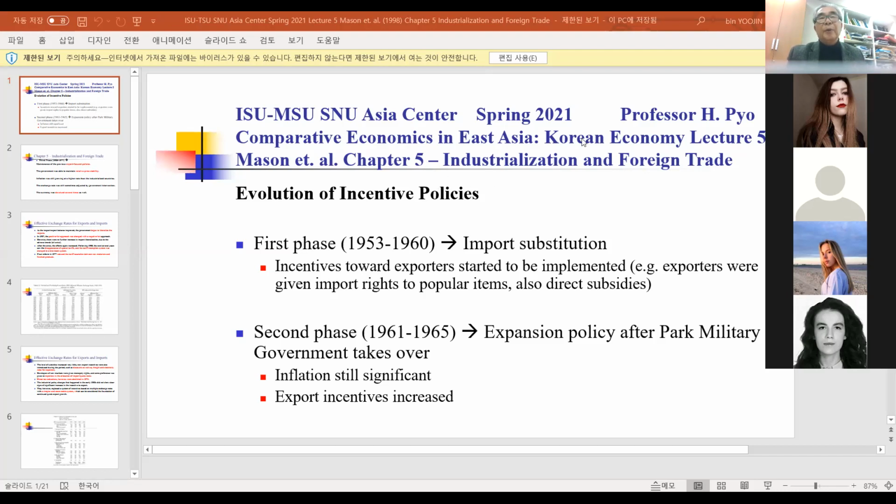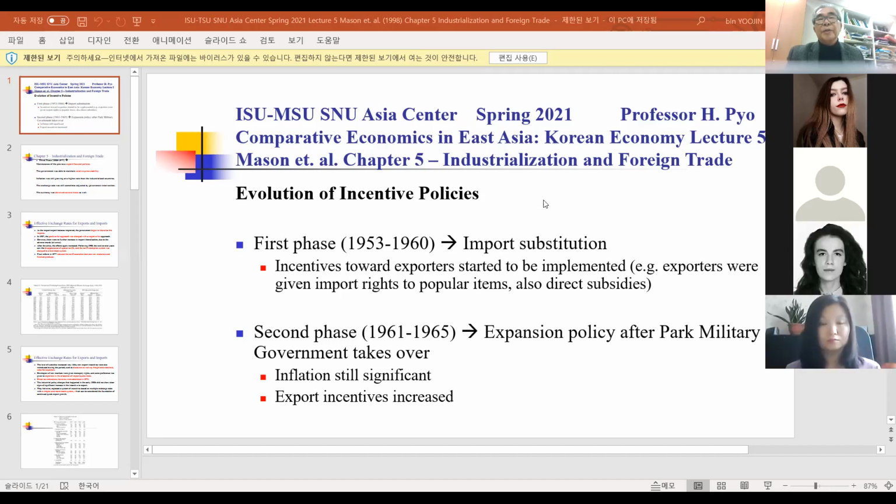In other words, Korea maintained a very rapid industrializing regime and foreign trade promotion. So to understand how Korea has maintained this successful transformation, we need to look at the evolution of incentive policies.